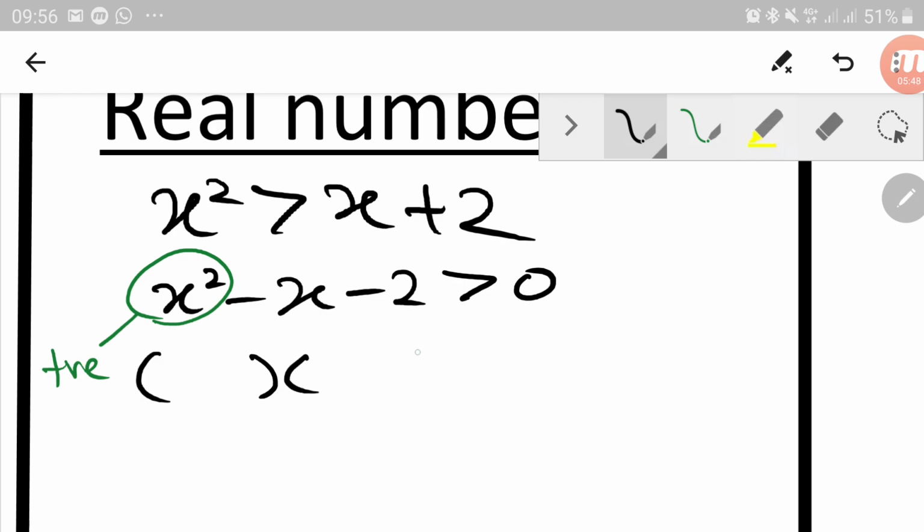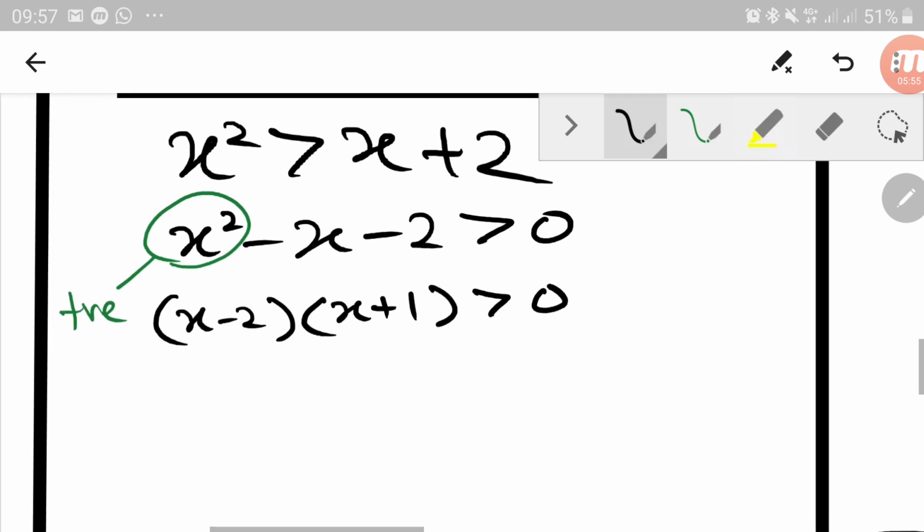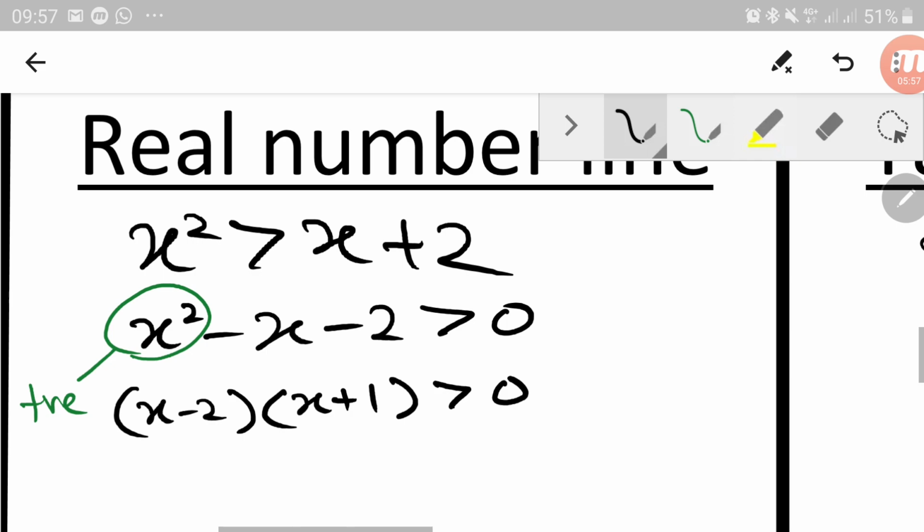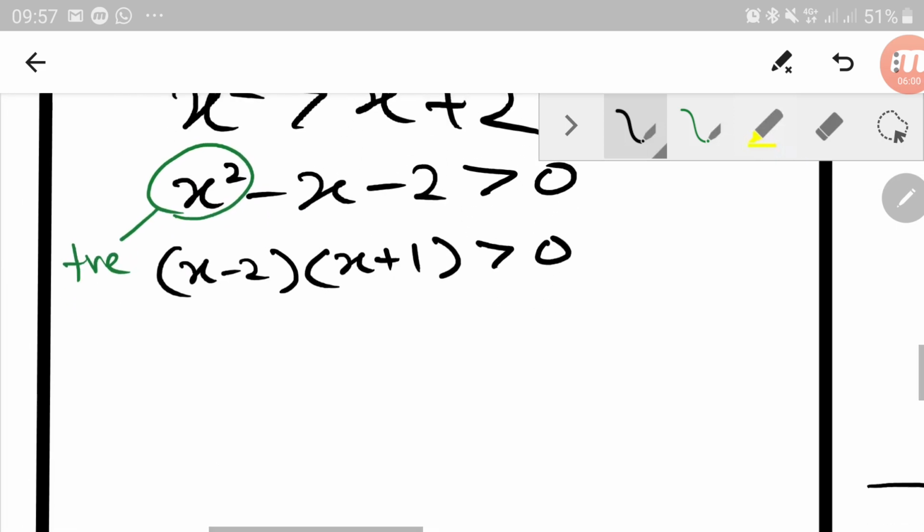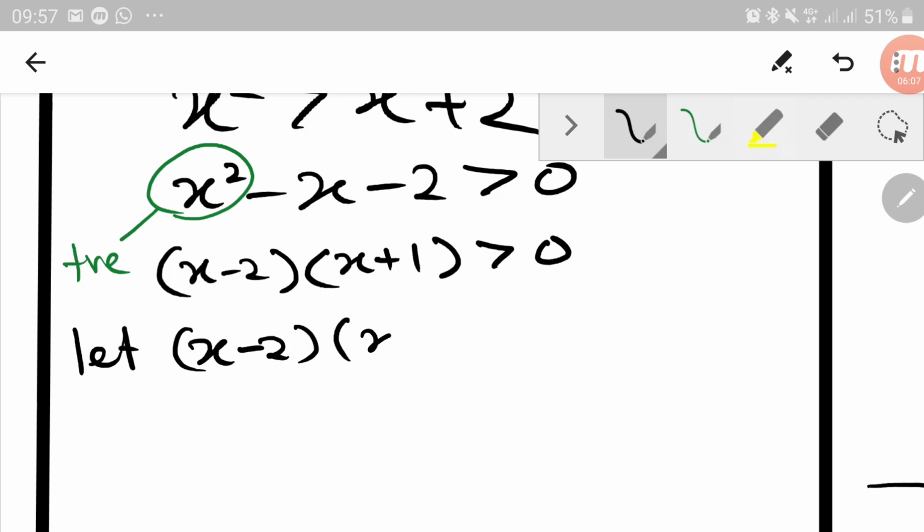Next we factorize them. Basically, I just copy paste what I had before. Then for the real number line, afterwards we need to do some assumption. We need to let everything equal greater than 0. In this case, it's just the same thing, that's why you think it's the same thing, but there will be other examples where it will be different.